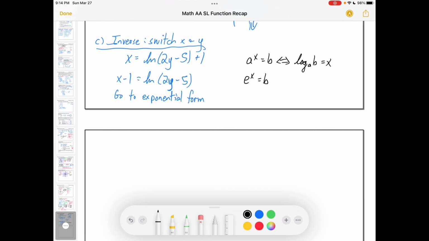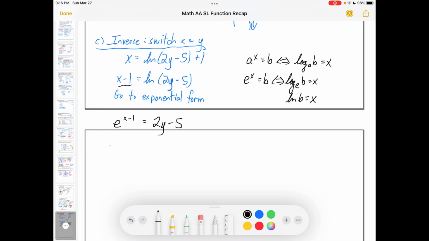So e to the x equals b would be the same as log base e of b equals x. And log base e of b is what a natural logarithm is. It's ln b. So when we see ln of 2y minus 5, that means our base that we're dealing with is e. Our power that we're going to have, in this case, is going to be the x minus 1. And the result will be 2y minus 5.